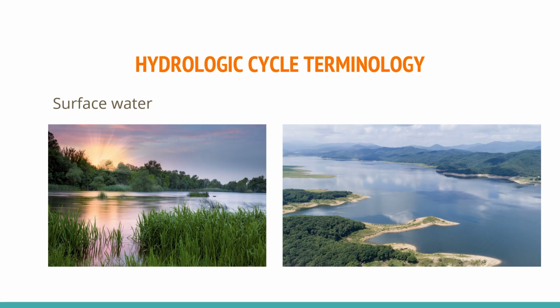Now, surface water, as you might expect, is going to be a part of this groundwater. It's going to be the water that is right above the surface. Your lakes, your rivers, your creeks, any body of water that you can see from an airplane, chances are it's going to be your surface water.